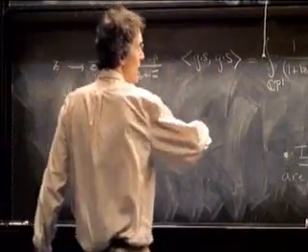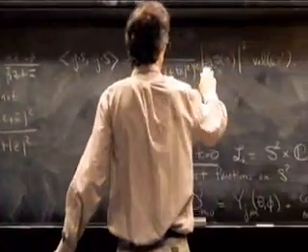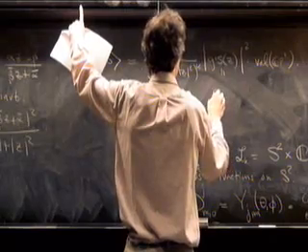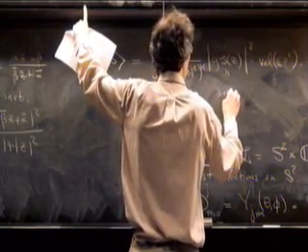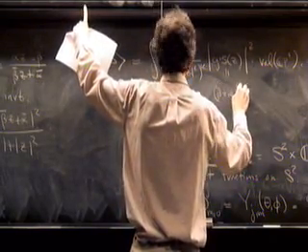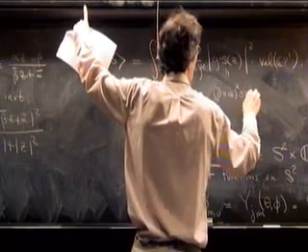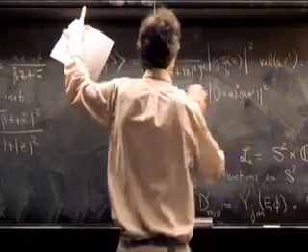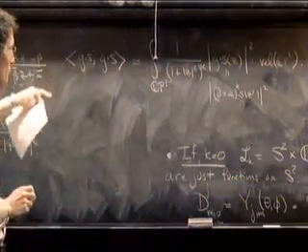Now you make a change of variables. Well, first of all, you use the group action here. So this is equal to |beta bar z plus alpha bar| to the 2k, |s of z prime| squared. Now you make a change of variables from z to z prime.